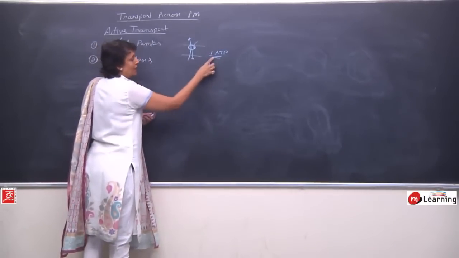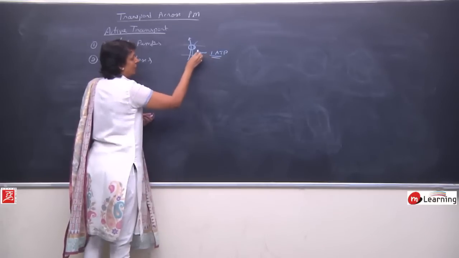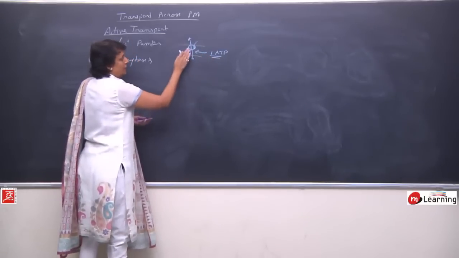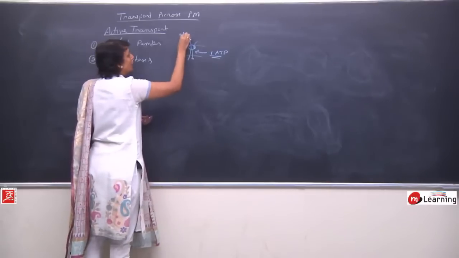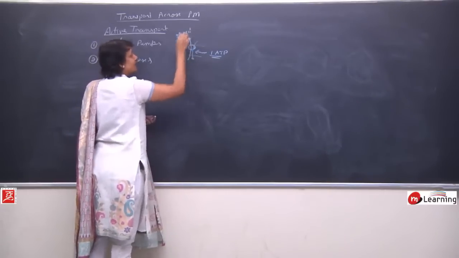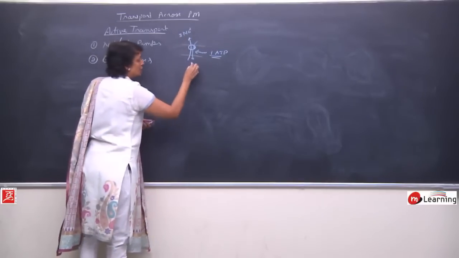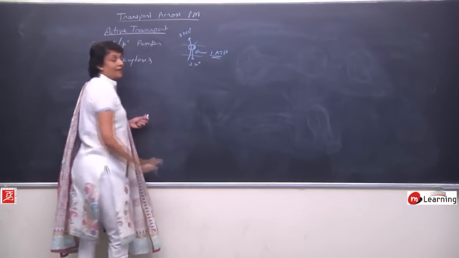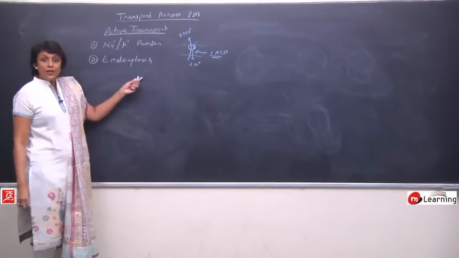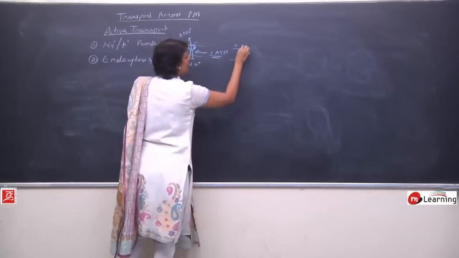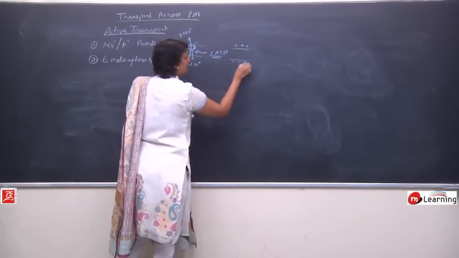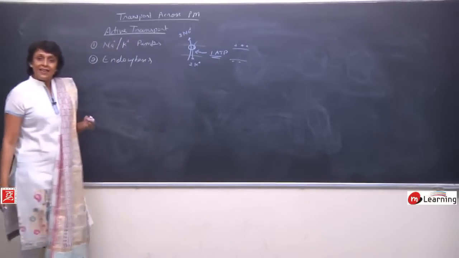So, with 1 ATP spent, whatever energy is released, these proteins which are acting as pumps are going to pump 3 sodium ions out in exchange of 2 potassium ions. And because of this, the plasma membrane is normally electropositive on the outer side and electronegative on the inner side.